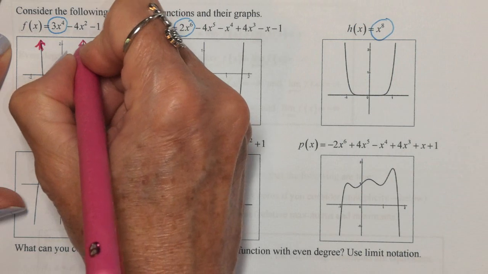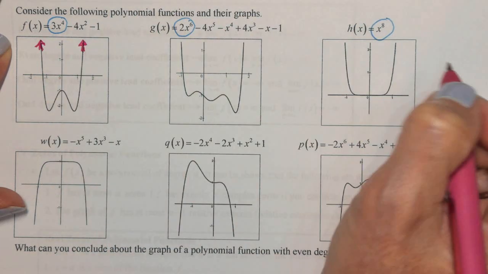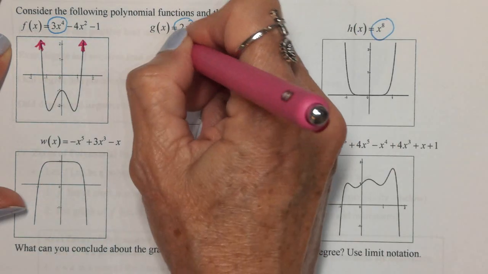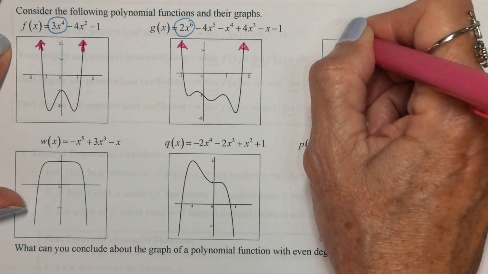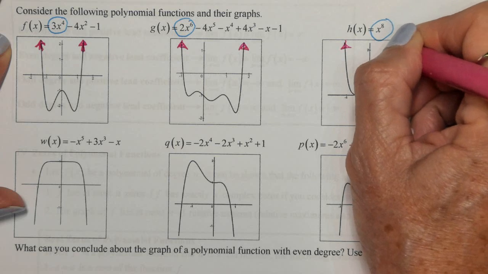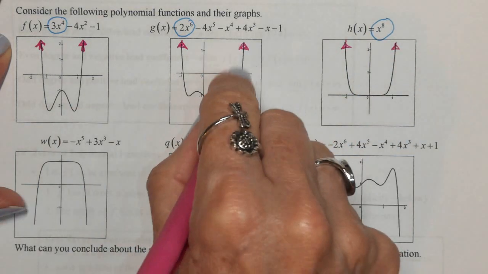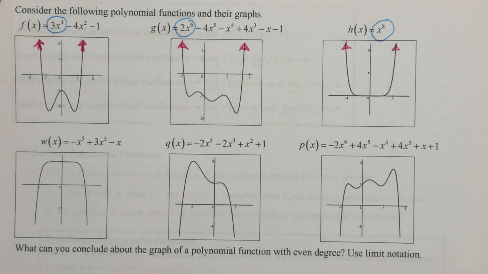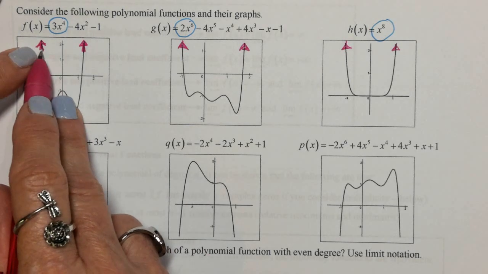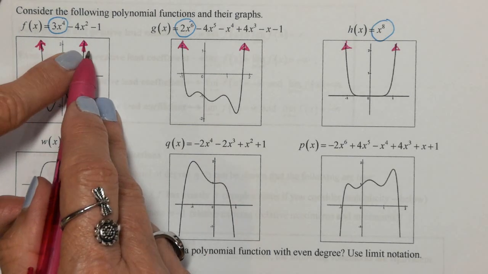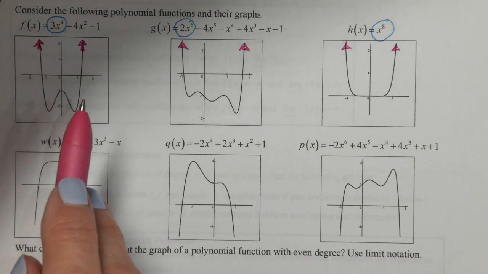As x approaches positive infinity, the function is also going to positive infinity. Same thing for this function. So both of those have end behavior: the limit as x approaches negative infinity is infinity, and the limit as x approaches positive infinity of this function is infinity as well.